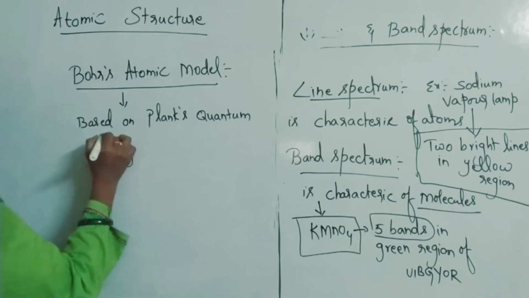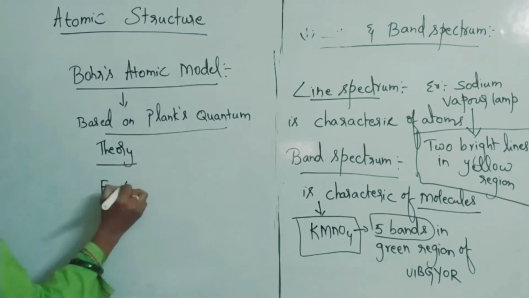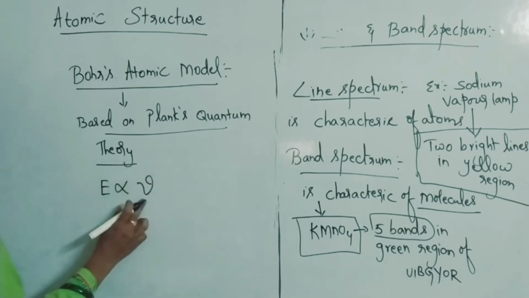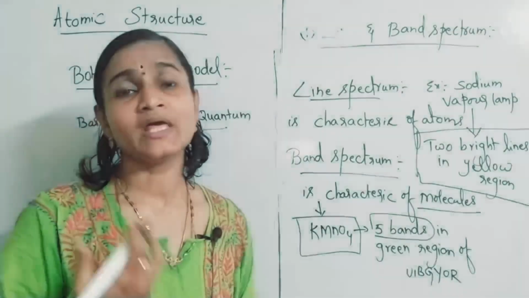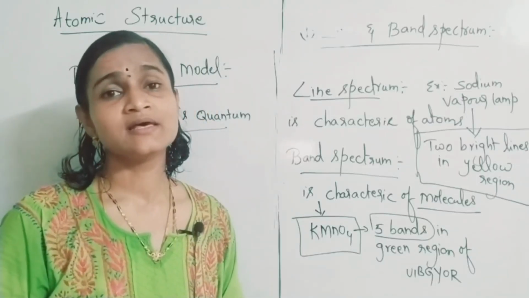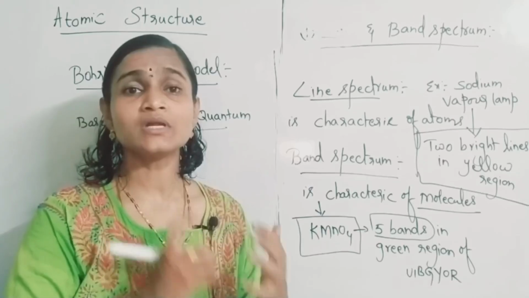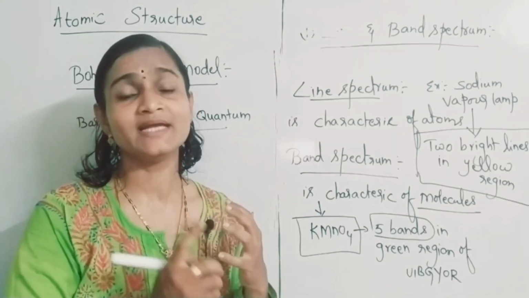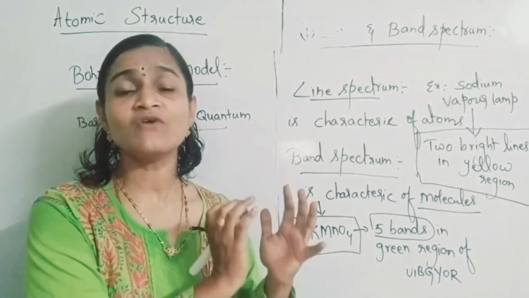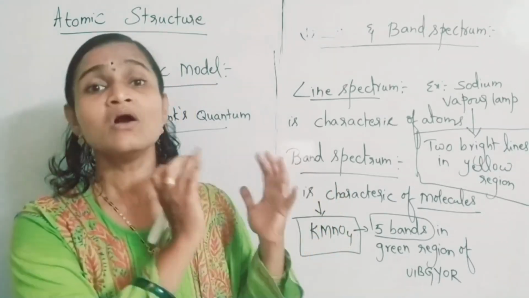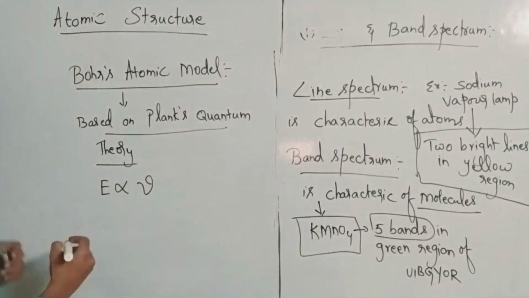So Max Planck proposed, what did he propose? Energy of electromagnetic radiations is directly proportional to frequency. As long as an electron keeps revolving in the same orbit, its energy is fixed. So energy will be radiated in the form of small packets called quanta. That is what Max Planck told. Please understand the point carefully.